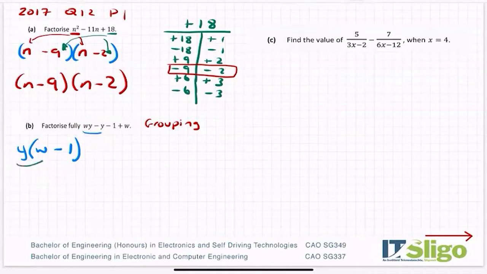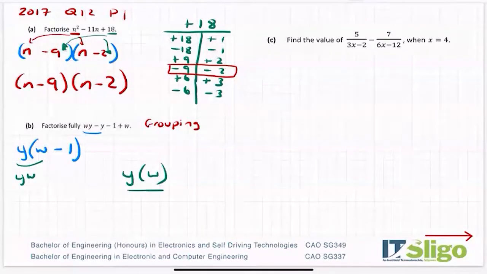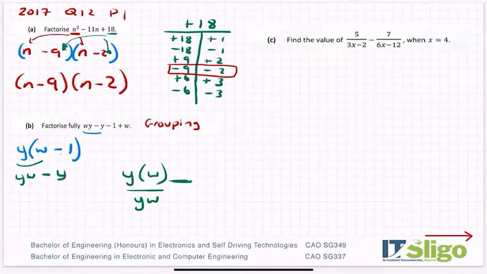So y by w is yw. And if you did this, which some people do in error, you will get the yw, but you won't get the y by the minus 1, which is minus y. So you won't get back to wy minus y. You will here, you won't here.